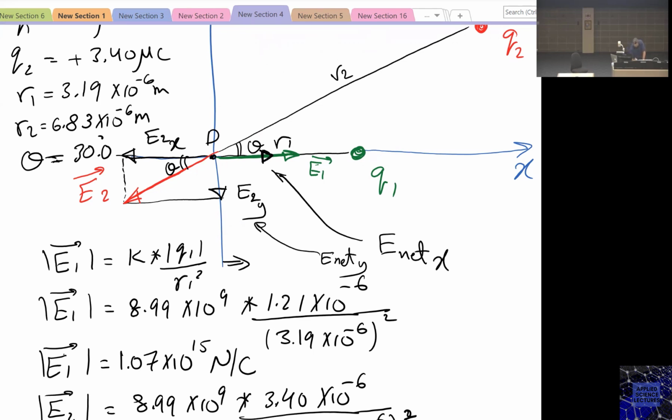Then my total is this. So this one is E net, and this one is phi.